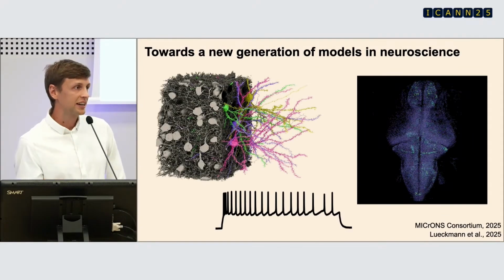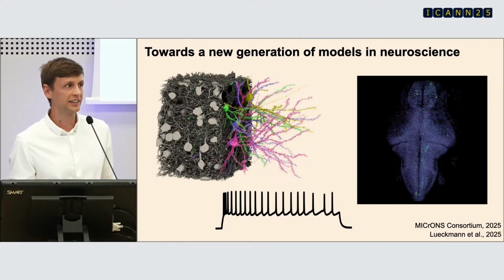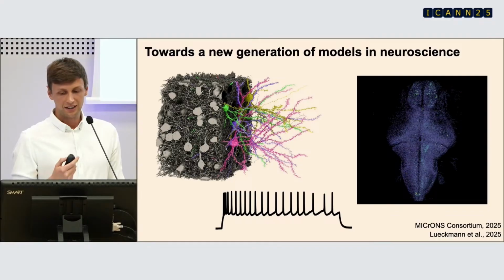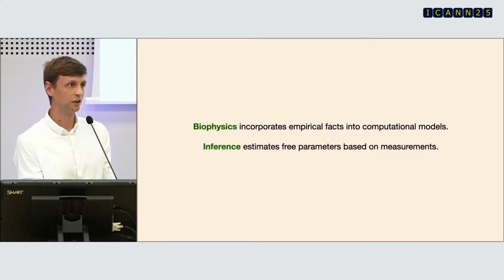Overall, I think it's a really exciting time for computational neuroscientists, because it's really a time where we have data that was just absolutely unavailable before, right? We have models of how exactly neurons connect, how exactly neurons look, and we have these models at a scale where they really allow us to simulate entire brains of animals. Biophysics allows us to incorporate exactly these things that are known about systems, such as connectivity, morphology, and ion channel dynamics into models.